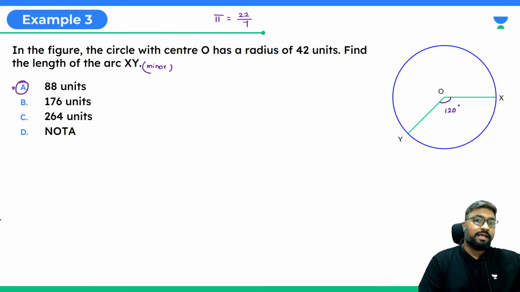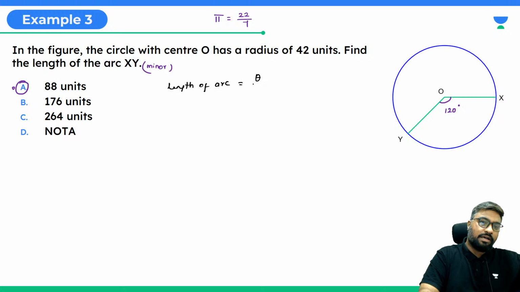Let's look at this. So what are they asking? They're asking to find out the length of the arc. Yes, we know that length of arc will be equal to what? Theta by 360 degrees into the circumference, which is 2 pi r.